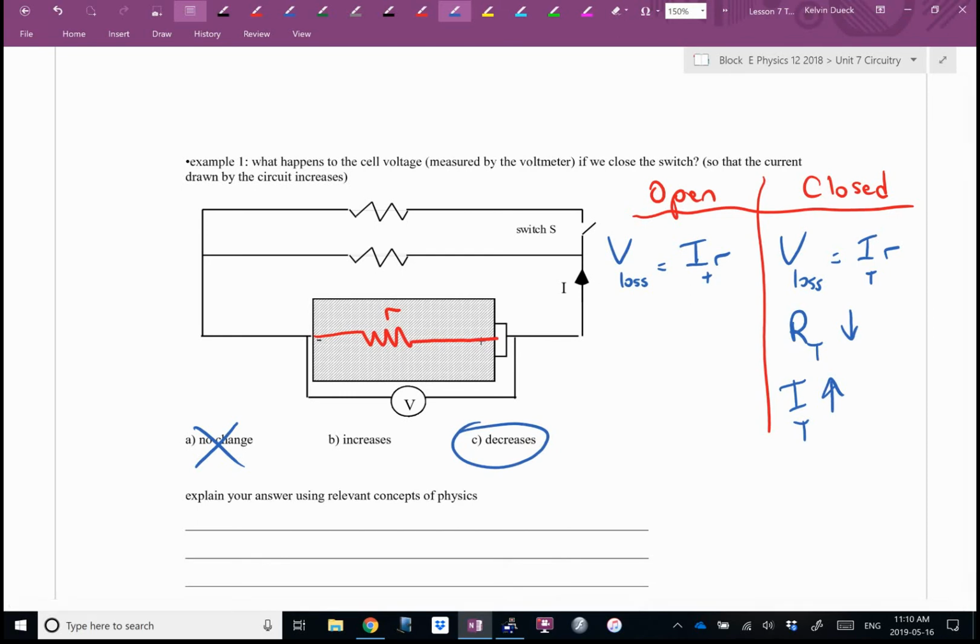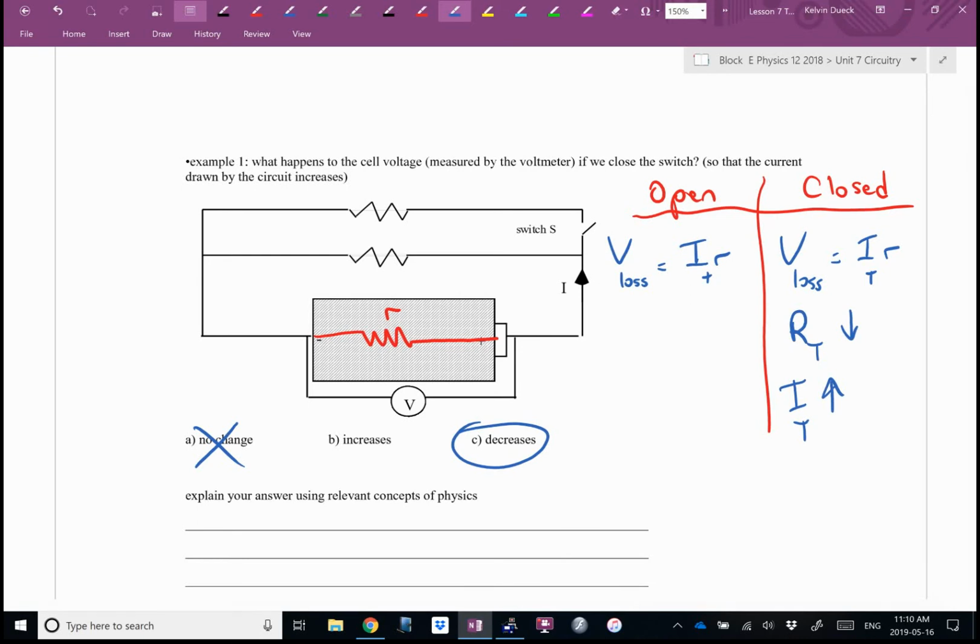By the way, my proof, Martin, really you should start reading here and go this way. So I total increases because R total decreases, and therefore the voltage loss, which is I total times r, is going to get bigger. Otherwise, I just treat this like an ordinary resistor. But what I recognize is the EMF is what's printed on the battery.